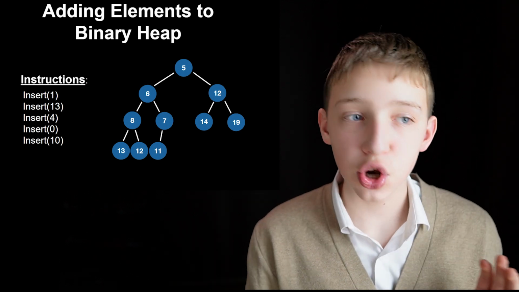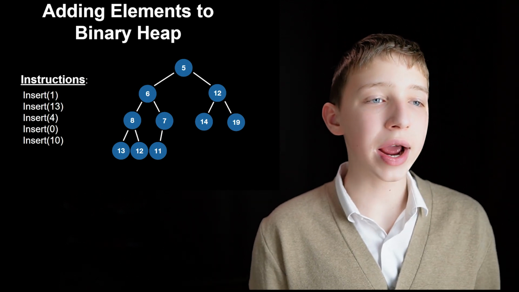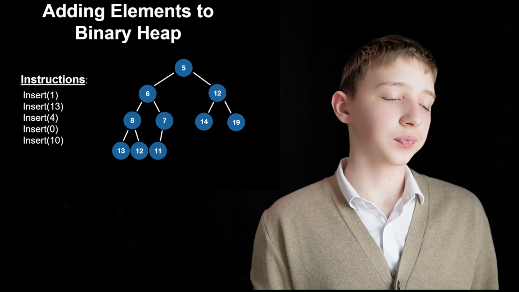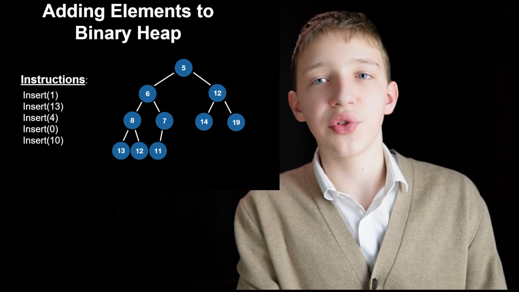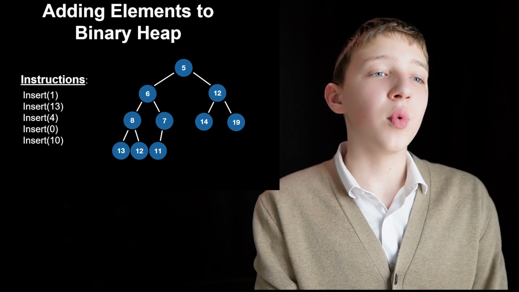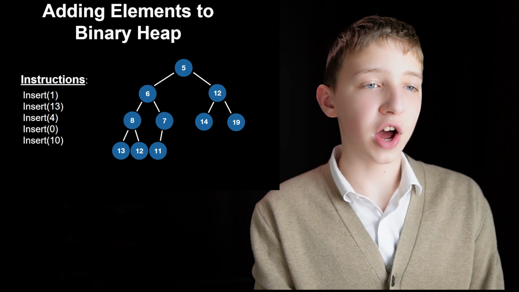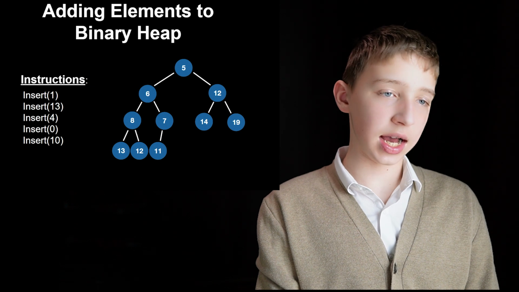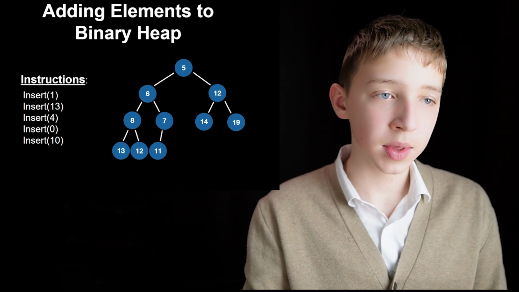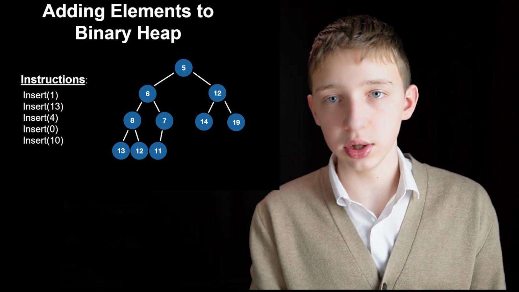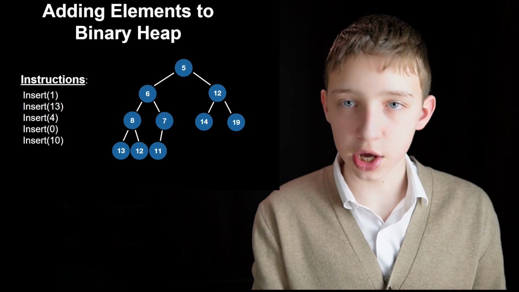But instead of inserting 1 at the root directly and then trying to rebuild the entire heap, we'll put it at the bottom left of the tree, at the insertion position, which was the hollow circle a few slides ago.